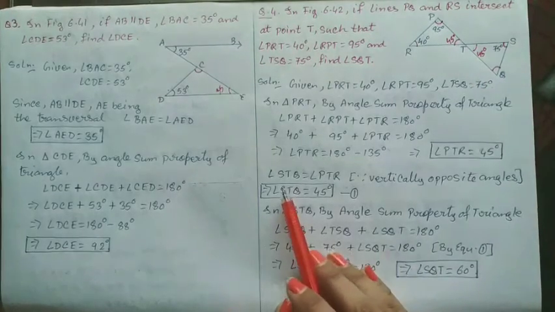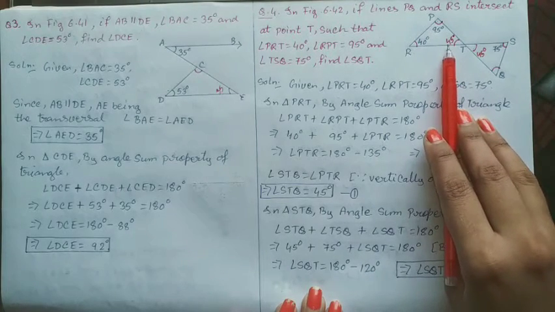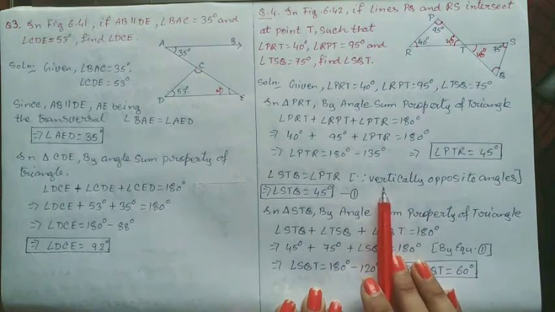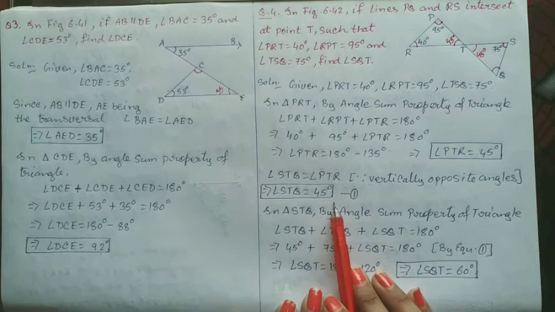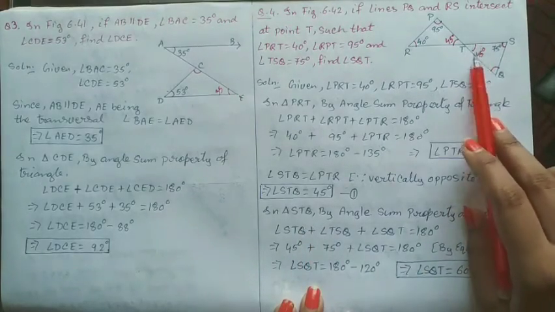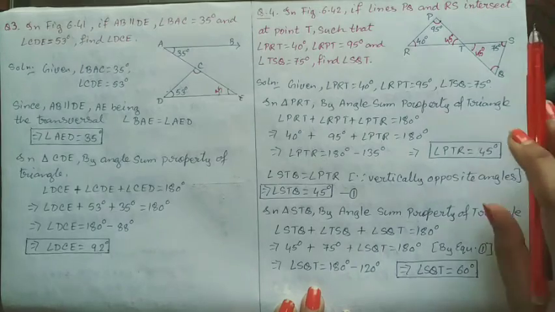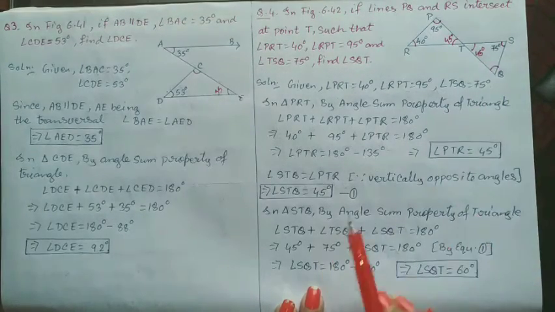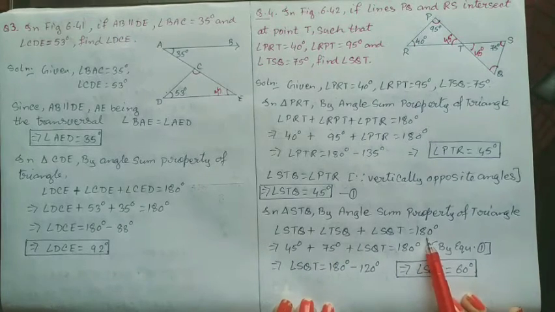So let's write down angle STQ. Angle STQ is equal to angle PTR because they are vertically opposite. So angle STQ will also be 45 degrees. Now in triangle STQ, once we get this value, we will use the angle sum property of the triangle. So the sum of the three angles is equal to 180.